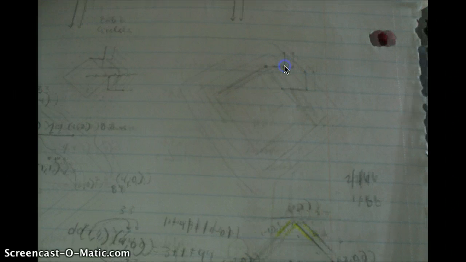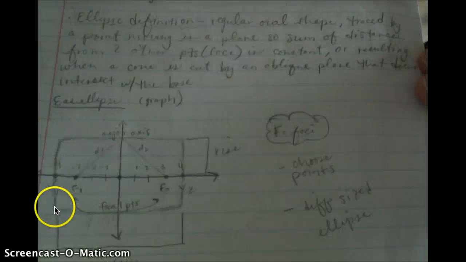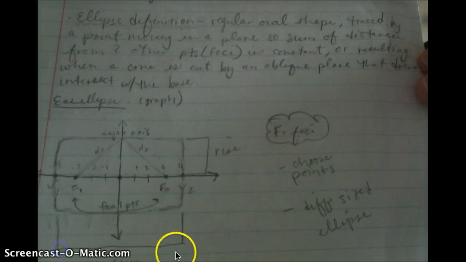So I guess this would be a pretty good example right here. You get your distance, and that's why I included the rise and the run of my ellipse.